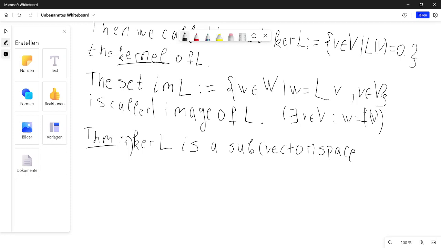It is a sub-vector space of course of V, right?